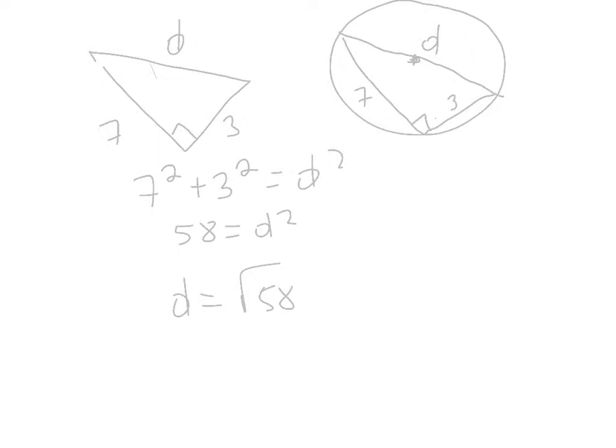And 58, you cannot simplify this. You cannot factor it with 4, 9, 16. No, you cannot. So what is my final answer? Circumference equals pi d, pi times radical 58. Can you switch the order? Technically you can. My textbook says it's pi radical 58 and the units are meters.